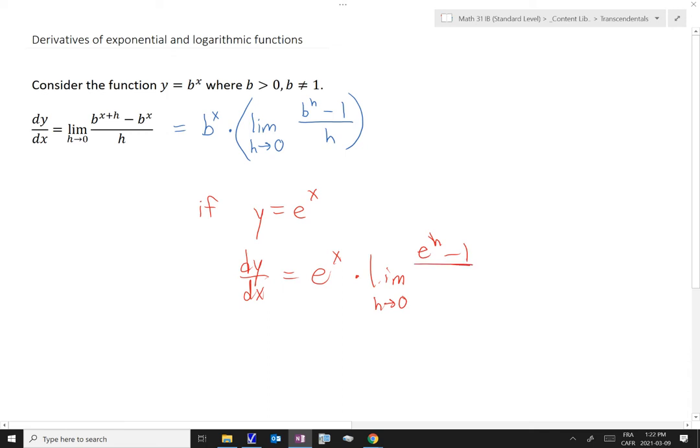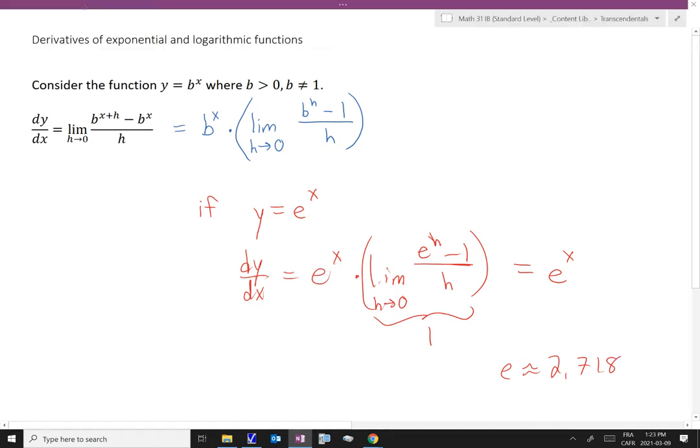We've specifically chosen this base so that this limit is 1, which means that this is just e to the power of x. So we explicitly choose the value e, which is about 2.718 or so. So that's why we choose that.